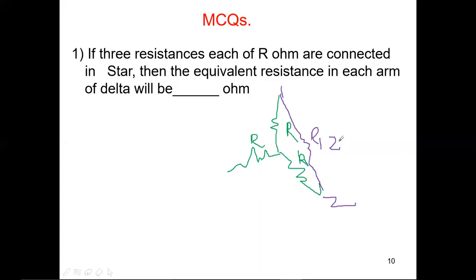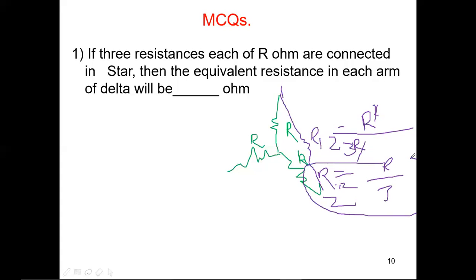R12 is equal to the product of these two arms, R into R, R squared, by the sum of the three arms, R plus R plus R, 3R. R gets cancelled. Then my R12 is equal to R by 3.